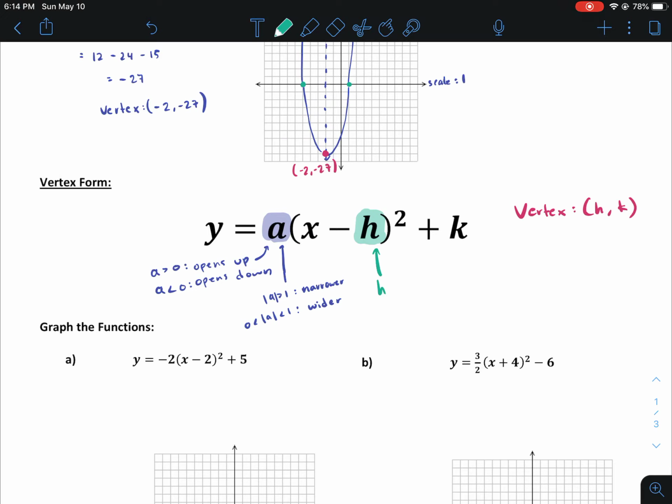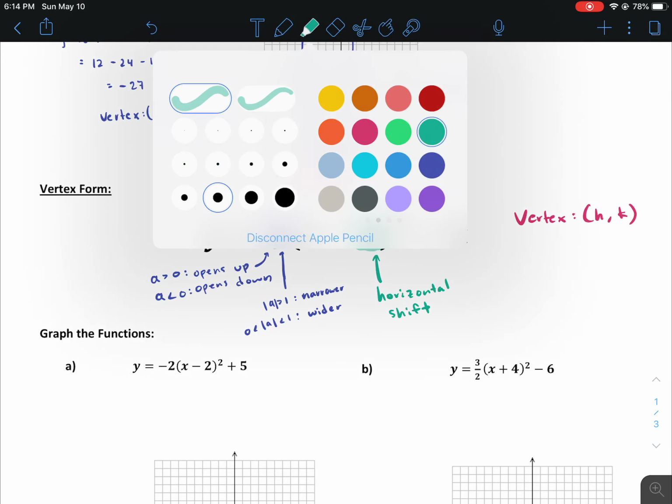So this determines whether my vertex is moving to the right or to the left. And the k is going to represent our vertical shift, which we'll do in purple.